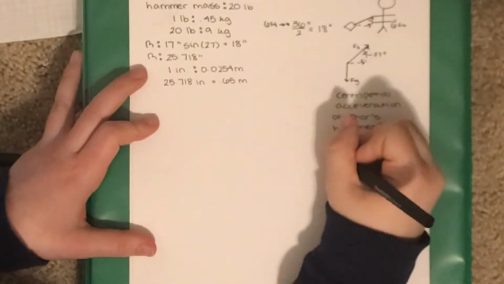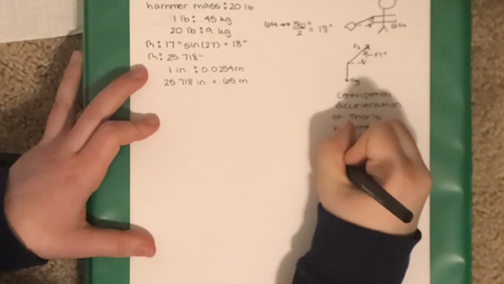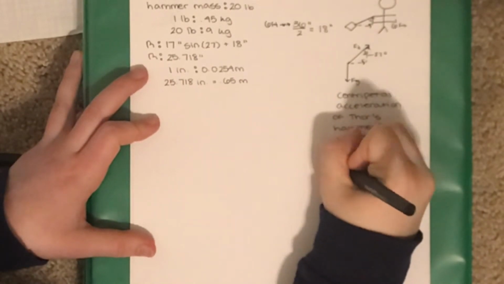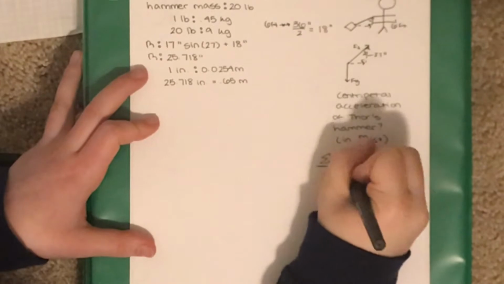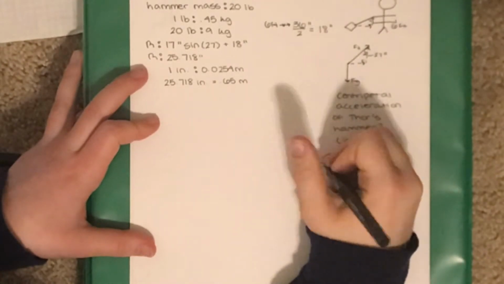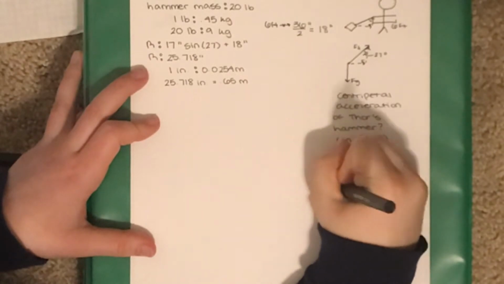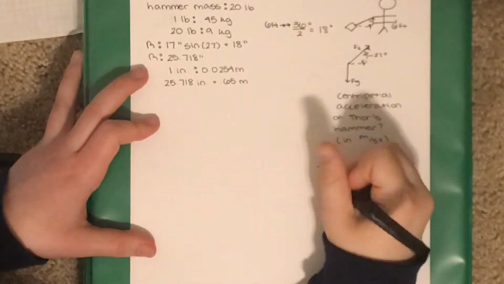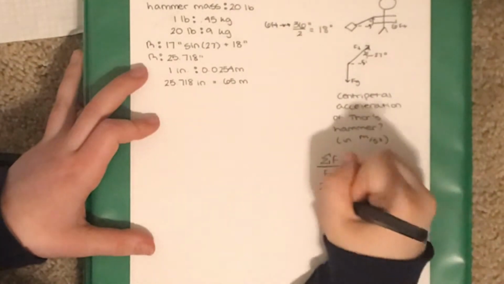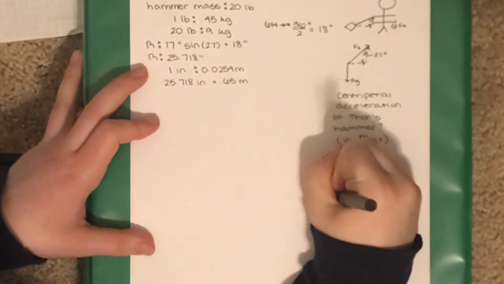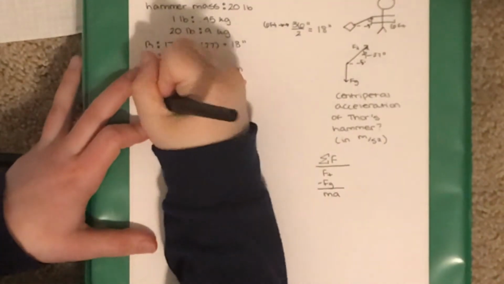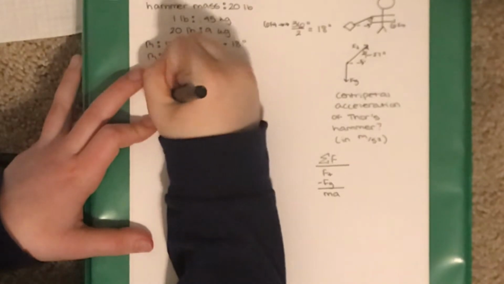First, I made a sum of forces chart to help us keep track. And there's a positive or upwards tension force, and then there's a negative force of gravity. And then this equals ma, or mass times acceleration. To write it out, I just wrote out the equation.